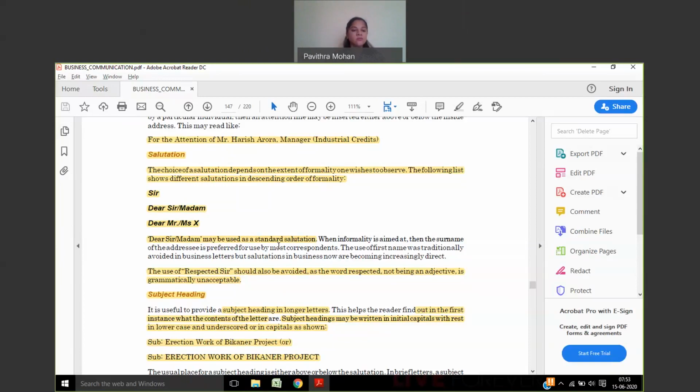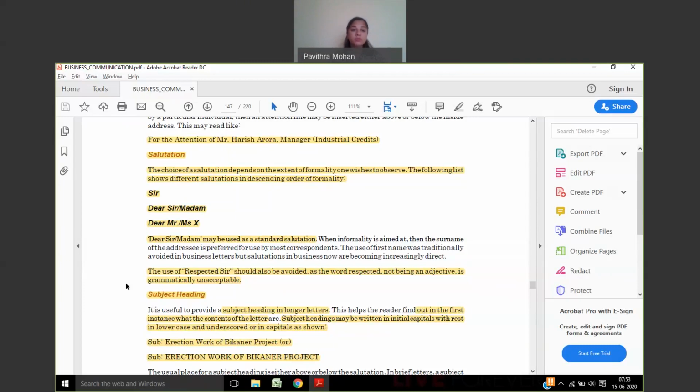The next one is that the use of respected sir should be avoided, as the word respected, not being an adjective, is grammatically unacceptable. Respect is not an adjective. Respect is a verb, it's a feeling. Sorry, respect is an adverb. Since it's an adverb following a name, it is not correct. A noun should always be preceded by an adjective.